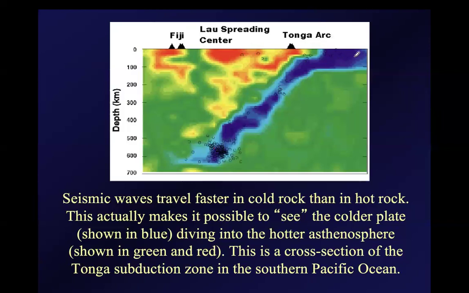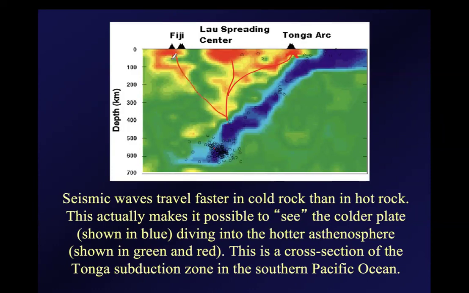Right. So that's the plate subducting down, and you can see it as this slab of relatively cold rock all the way down to about 600 K. Right here, you've got this pool of liquid rock. That's the part of the plate that's melting because it's got a lowered melting point, and that liquid rock is rising up and forming an island arc right there, the Tonga arc and Fiji.